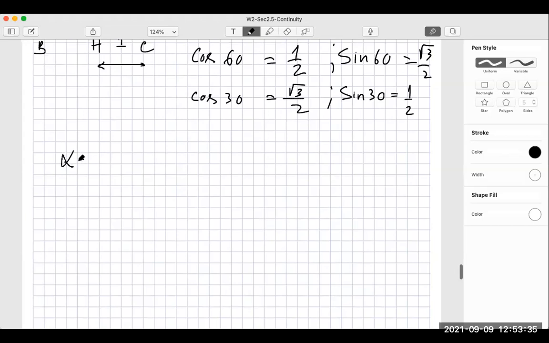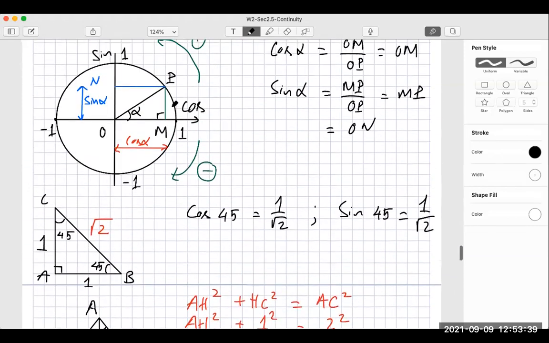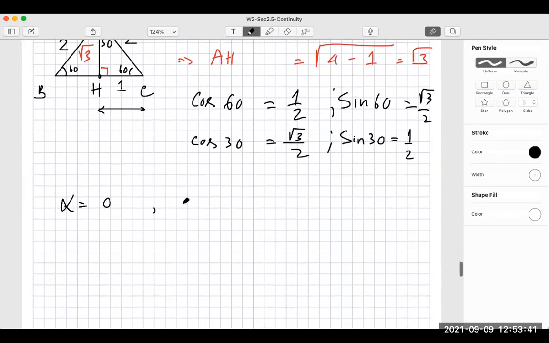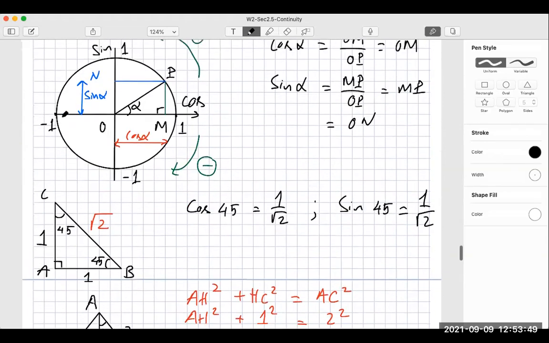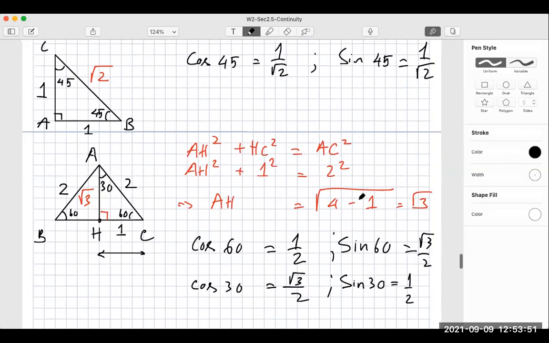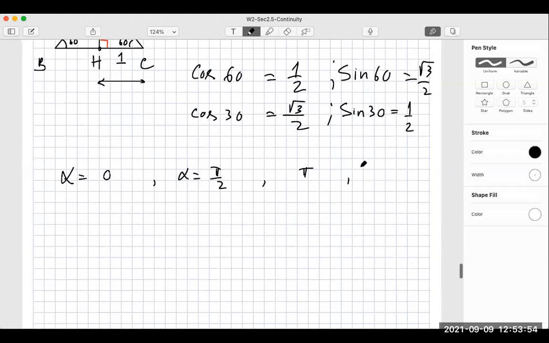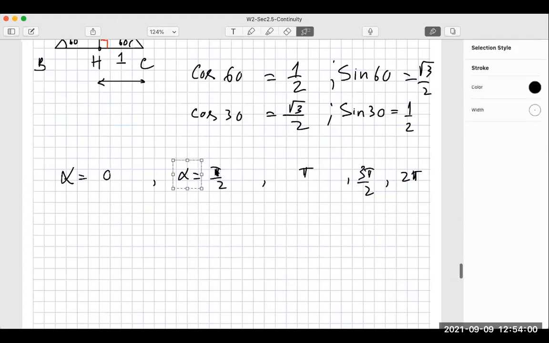When alpha is equal to 0, alpha is equal to pi/2, alpha is equal to pi, 3 pi/2, right? And then 2 pi. Just play with these special ones.